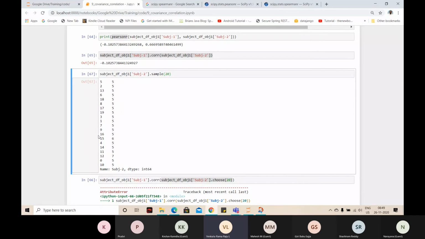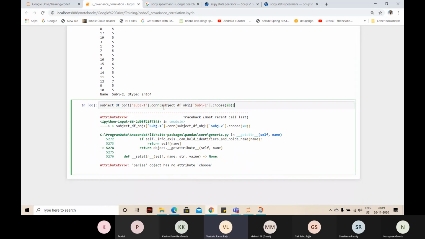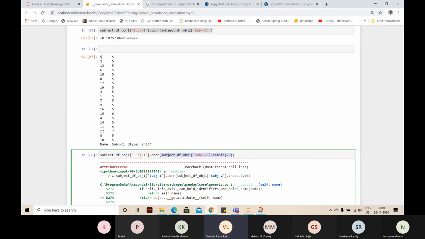Now see, these indexes are changing. What I'm doing here is fixing subject 1 and shuffling subject 2. When I do sample, it is randomly sampling the data from the data set, so the index has changed.